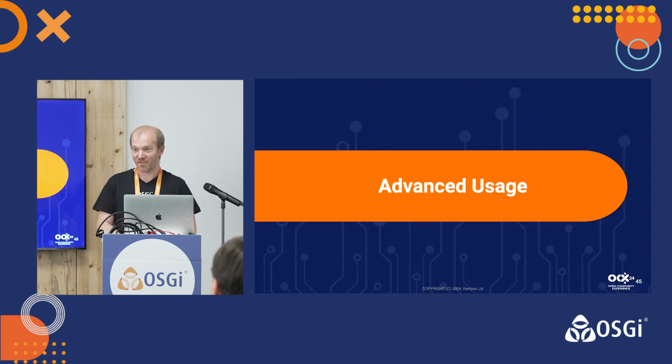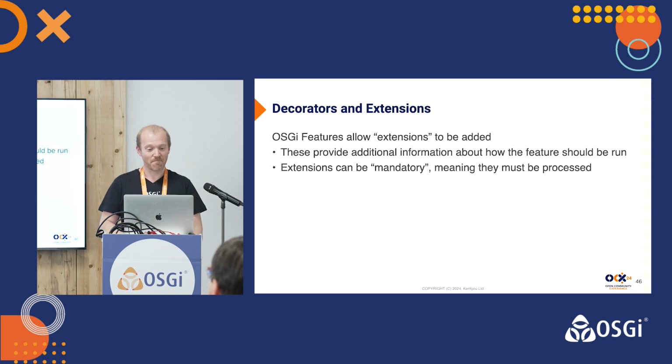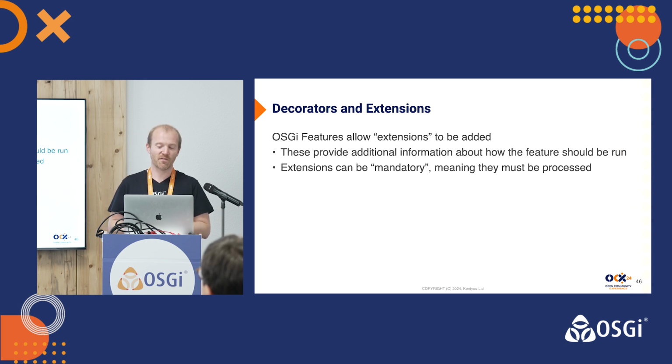Now, for some advanced usage. Decorators and extensions. OSGi features allow the concept of something called an extension, which provides additional information about what should happen with the feature. Extensions are in general optional, but they can be mandatory.